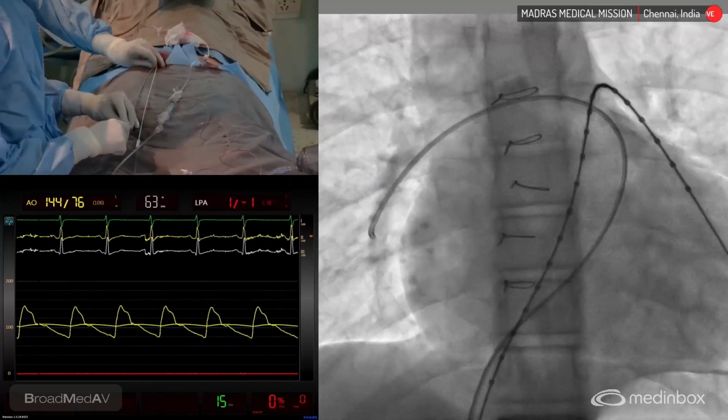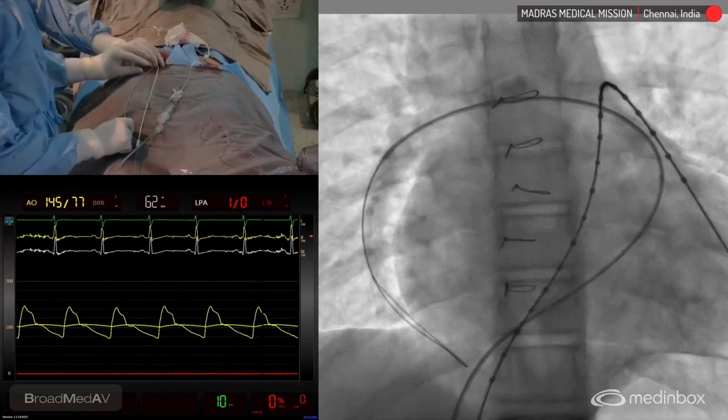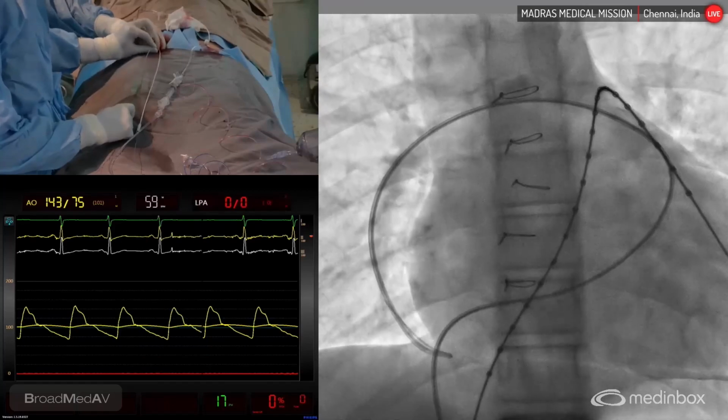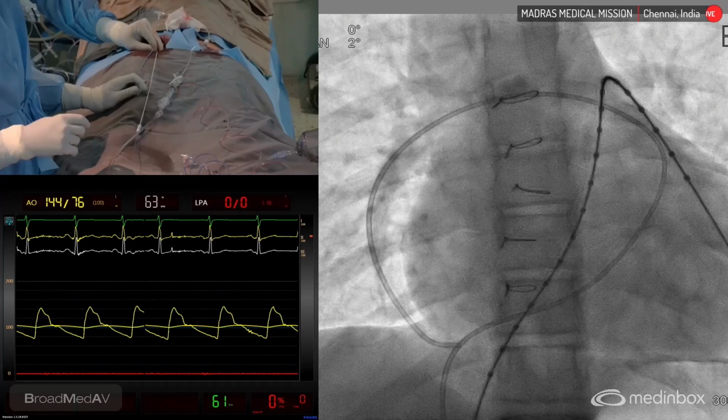We'll try to get a guide wire position a little lateral. This also looks reasonable, so let me go in here itself. Okay, Lunderquist wire.